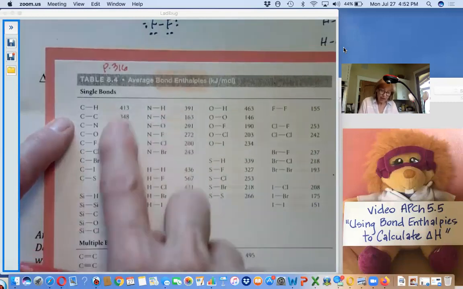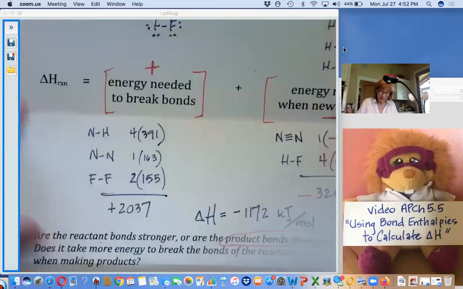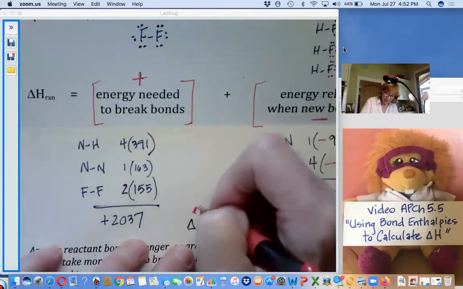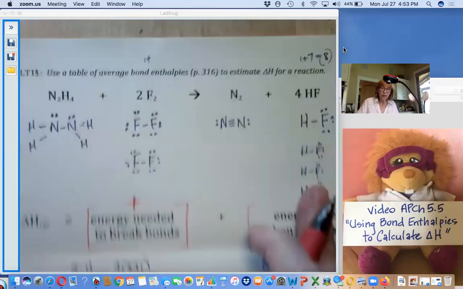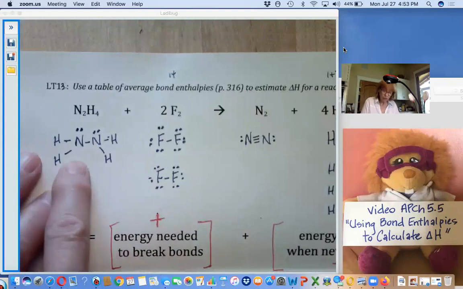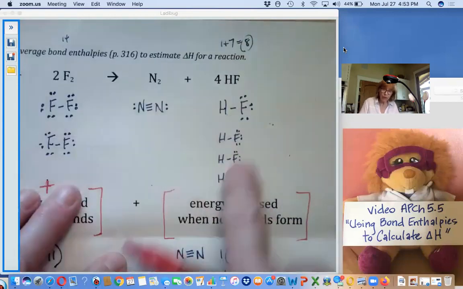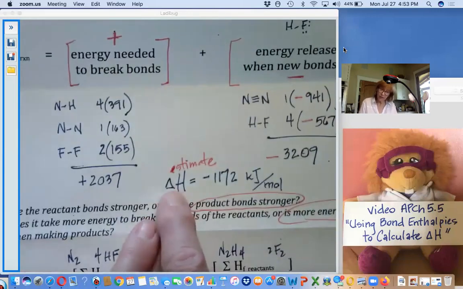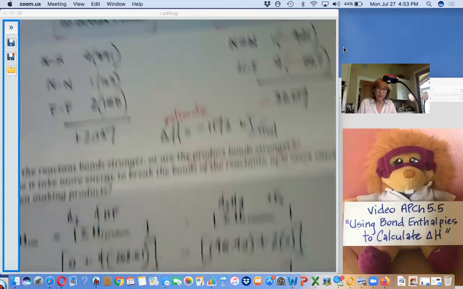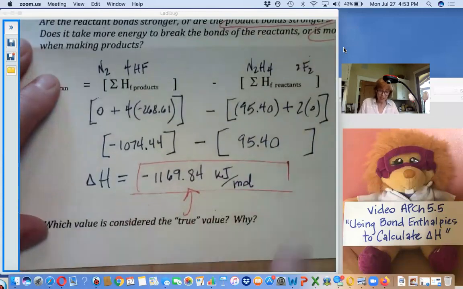So these values are good averages to give us an estimate. So when you visualize the molecules that you are breaking bonds and then reforming new bonds, that method gives you a good estimate of delta H. But when we use heat of formation data, that's considered to be more the true value.